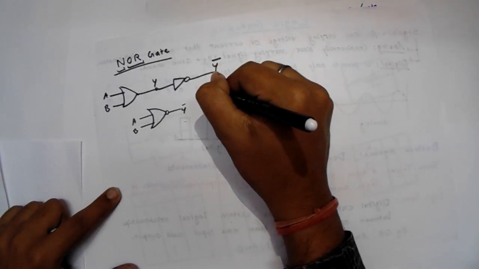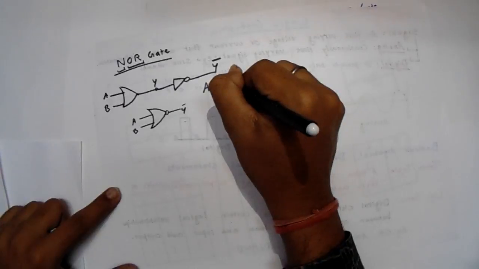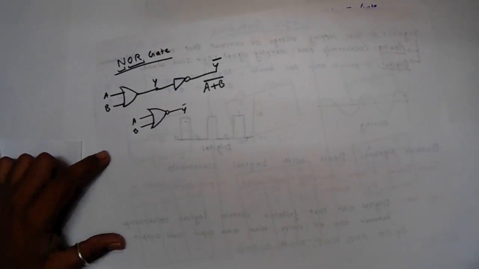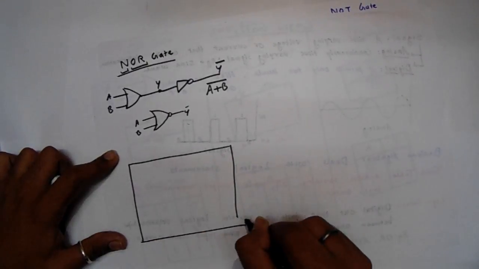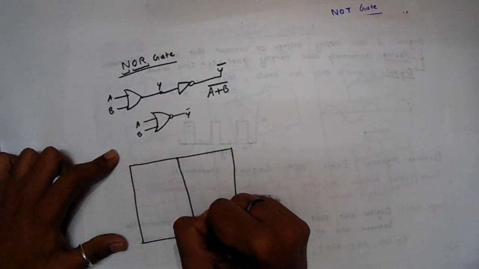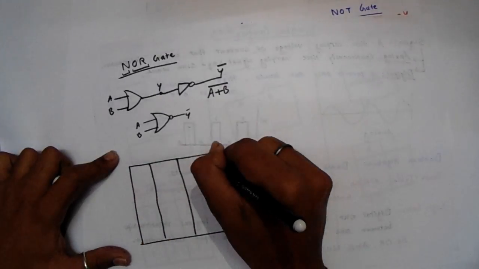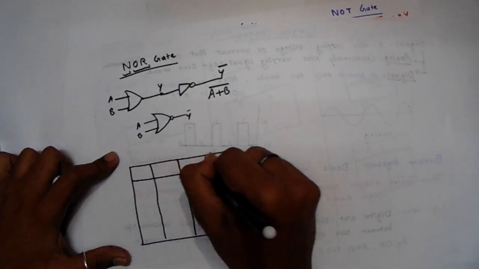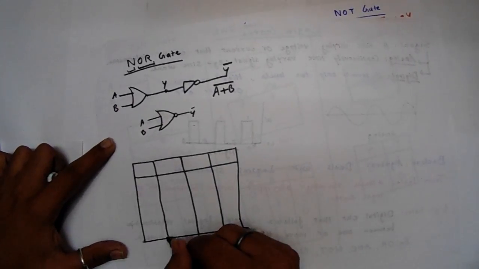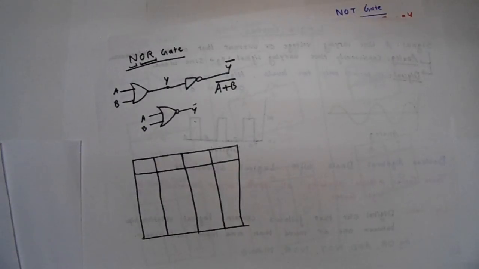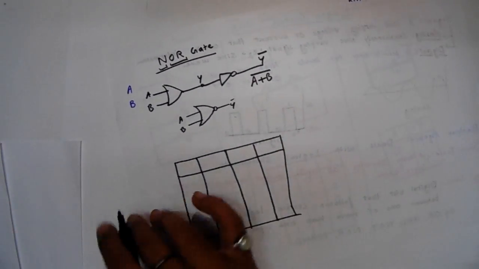And we have the equation as this. Now, what would be the truth table for this gate? Okay, I'm drawing a truth table here. I'm drawing for both the OR and NOR gates to tell you the difference, but you need to draw only the NOR part.